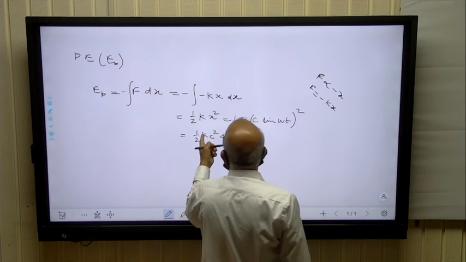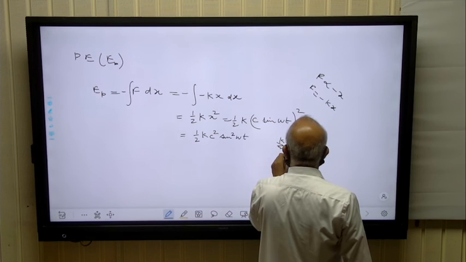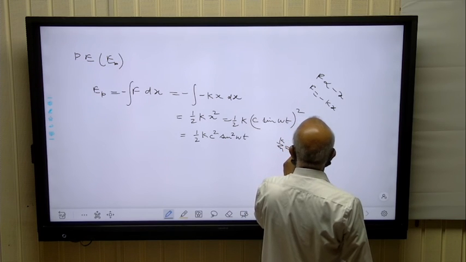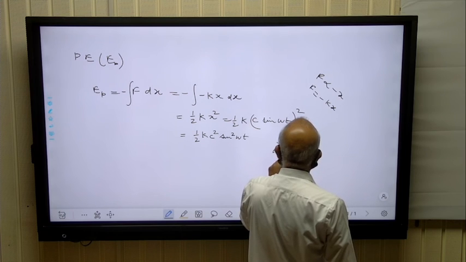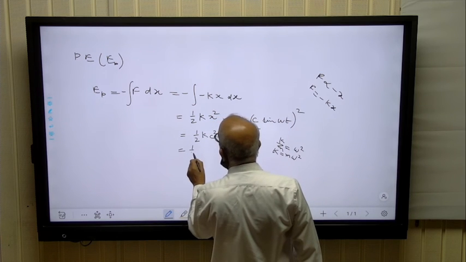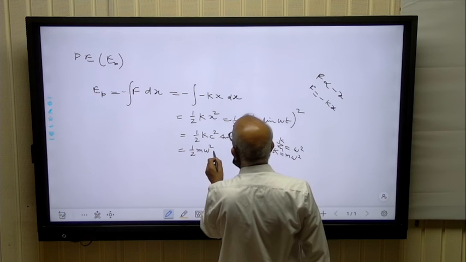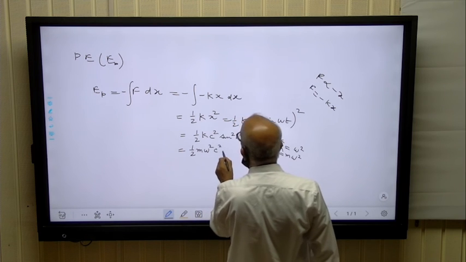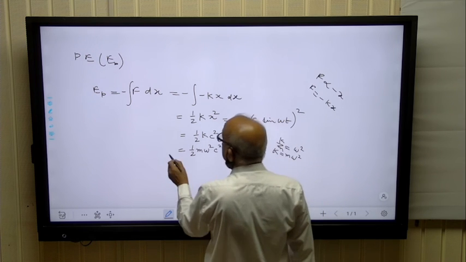But k by m is equal to omega square, therefore k is equal to m omega square. So it is just half m omega square c square sin square omega t.